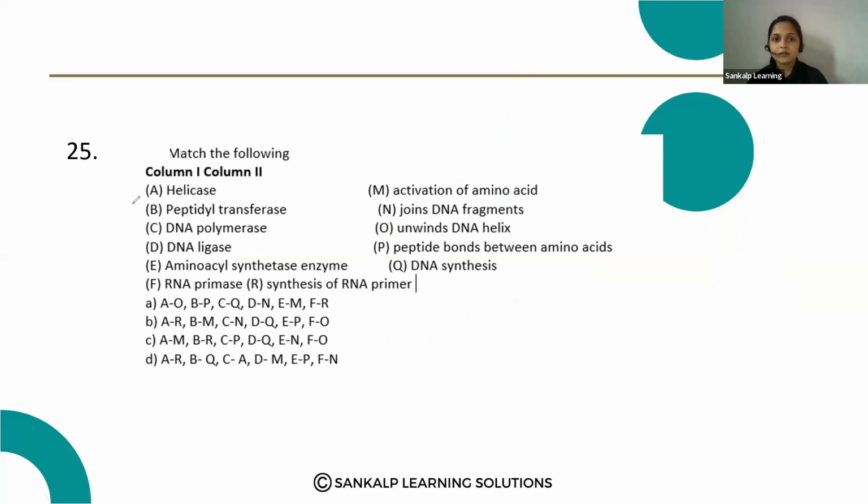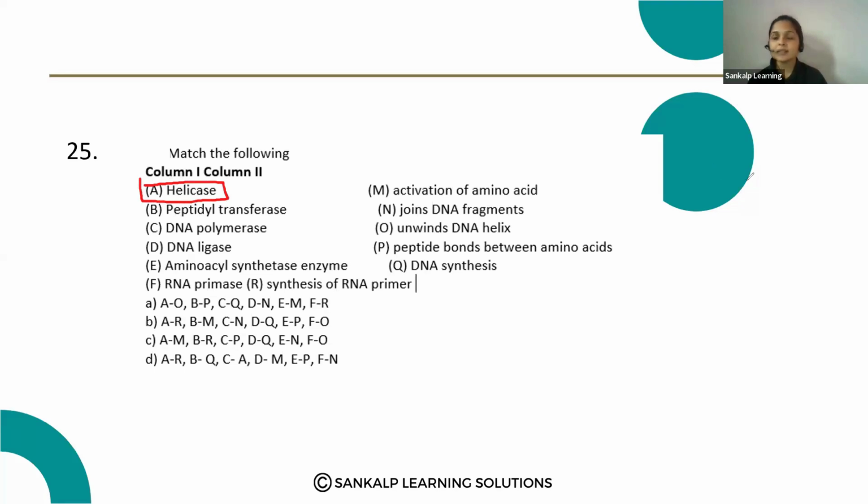Next, match the following in the given column 1 with column 2. In column 1, enzymes are given. In column 2, their functions are given. You have to match column 1 with column 2. Look at the helicase enzyme. What is the function of the helicase enzyme?